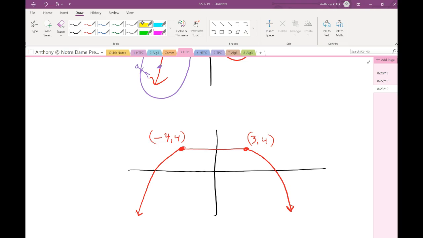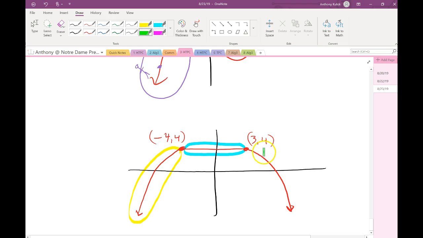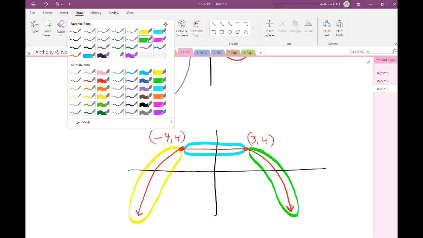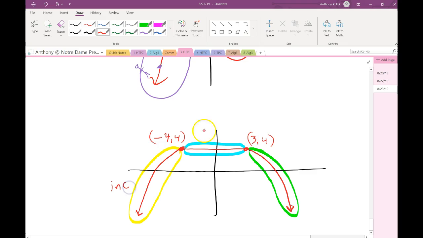Where is the increasing part? Yeah, so the first part, negative infinity to 4. Where is the constant part? Negative 4 to 3, that middle part. And where is the decreasing part? 3 to positive infinity. Yep. So this is the increasing, that is the constant, and this is the decreasing.